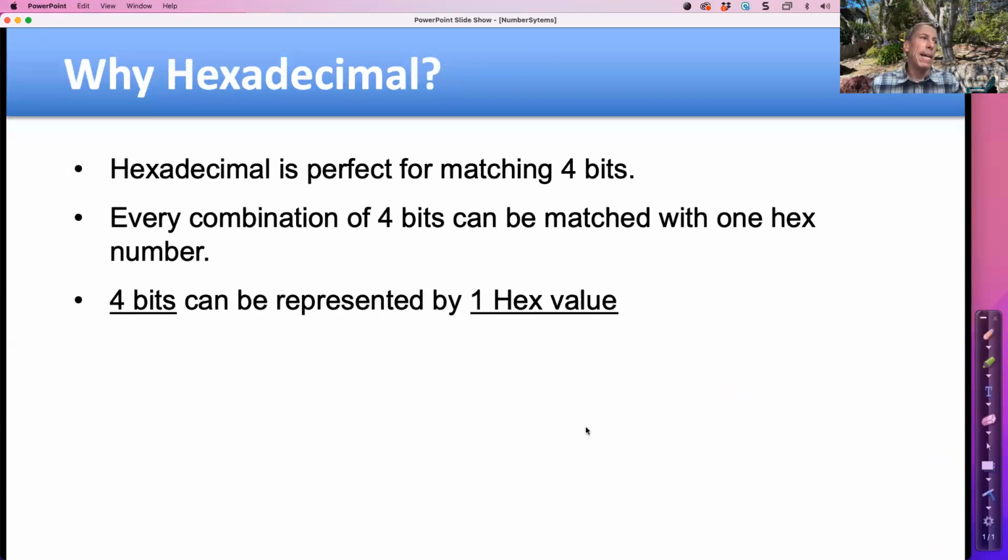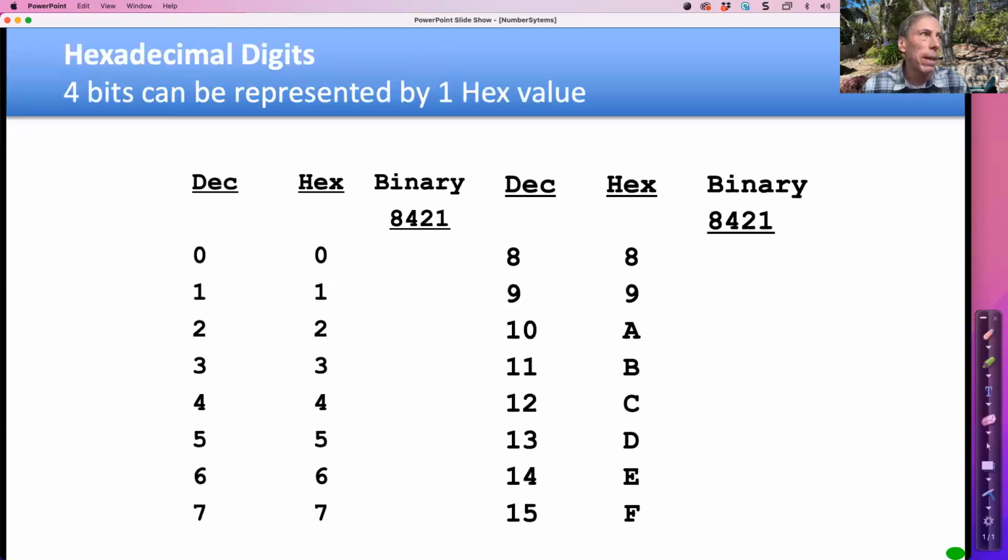Okay, why hexadecimal? The beauty of hexadecimal is this. We use it in computer science, computer networking. We use it in many different areas of computer technology because when we want to represent binary values, bits, if I want to represent 4 bits, let's do 4 bits here.